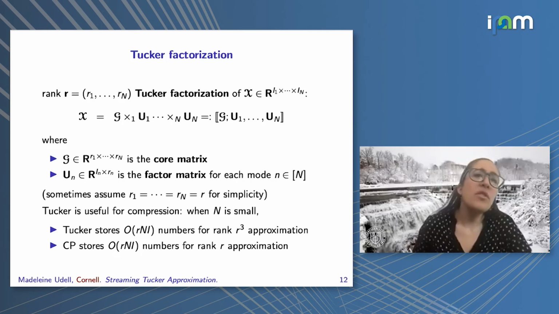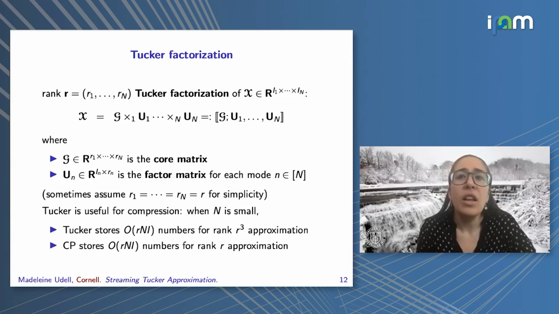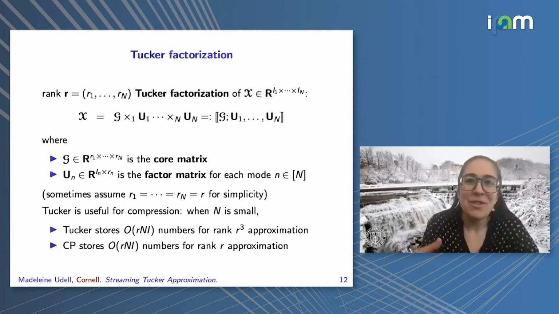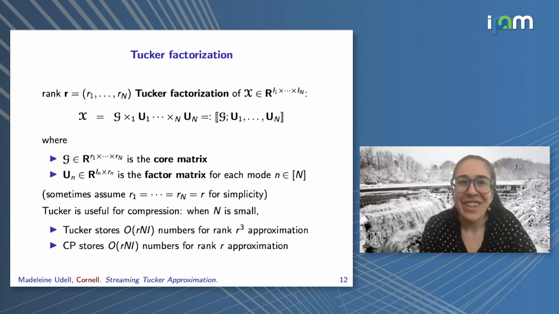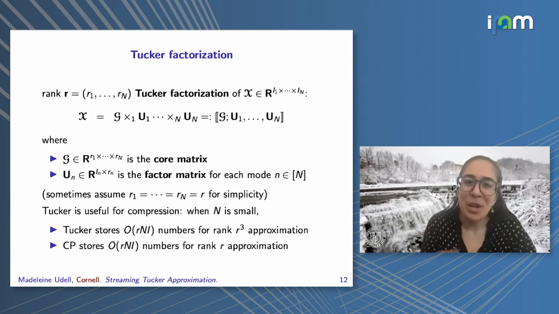Okay, so the Tucker factorization is useful for compression. When the number of modes is small, you can store the same number of numbers that you would use in a CP approximation to compute a rank R approximation of the tensor. Using the Tucker approximation, you can compute a rank R cubed approximation. So if you want to get up to higher ranks and store the same number of numbers, Tucker is your friend, at least when you've got a small number of modes.